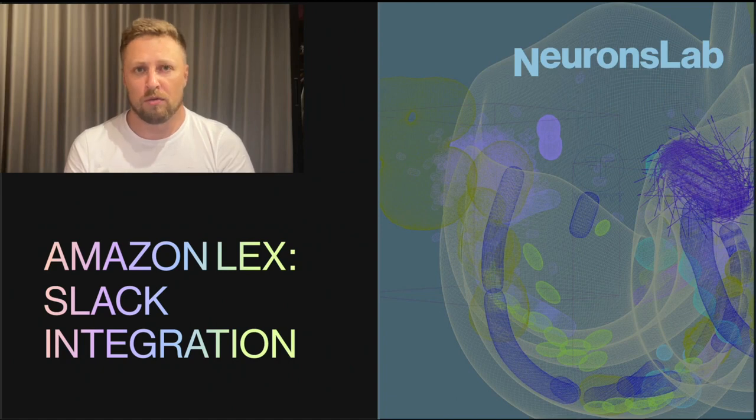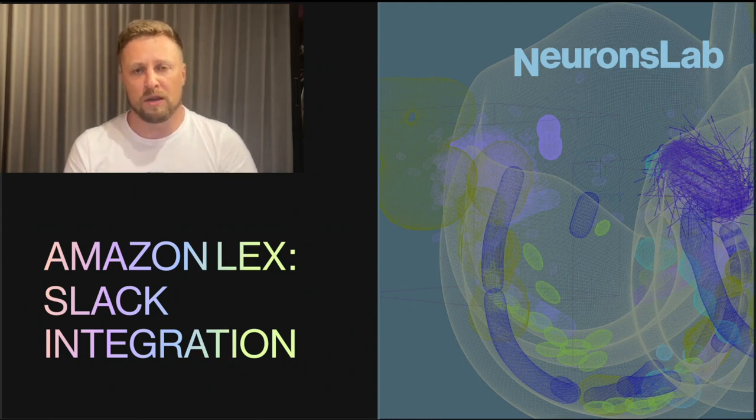In today's episode, we will dive into the technicality of integrating Slack with Amazon Lex to create a fundamental yet effective chatbot application. I will guide you through the process, breaking down complex concepts into easy to understand steps, ensuring that you can follow along regardless of your prior experience with AI.